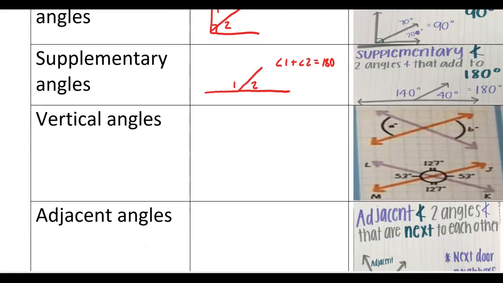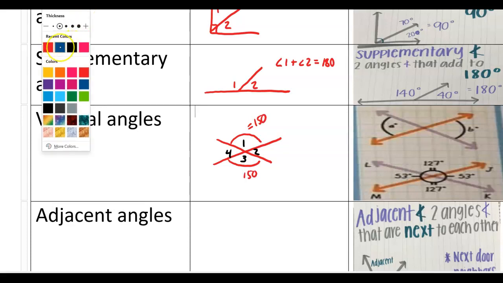And then we have vertical angles, which are just pairs of angles that are formed when two lines intersect. So in this case, if you have these four angles, angle 1 and angle 3 are vertical angles. They will be the exact same thing. So if I say that this is 150, this will be 150.